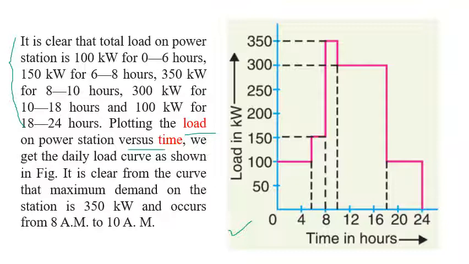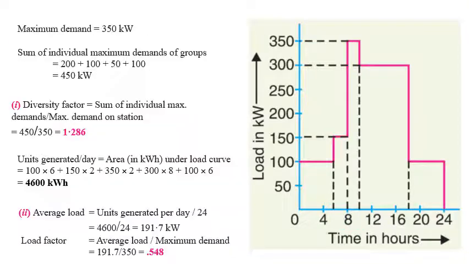It is clear from the curve that the maximum demand on the station is 350 kilowatt and occurs between 8 am and 10 am, that is for 2 hours. The sum of individual maximum demands, given in the question for the groups, is 200 plus 100 plus 50 plus 100, that is 450 kilowatt.